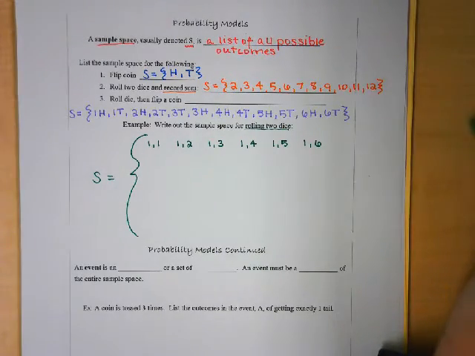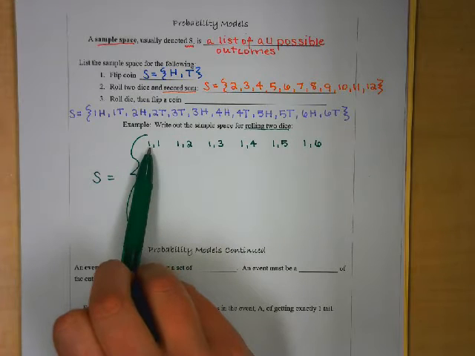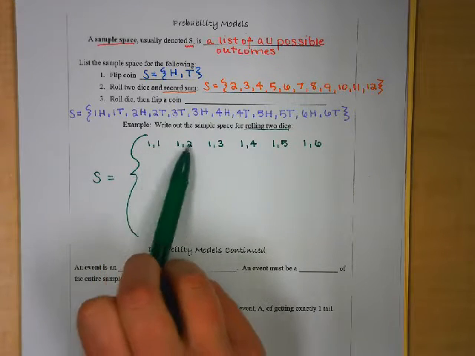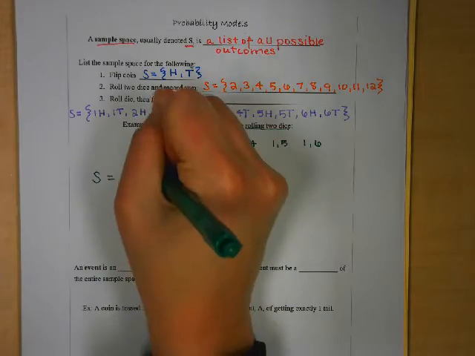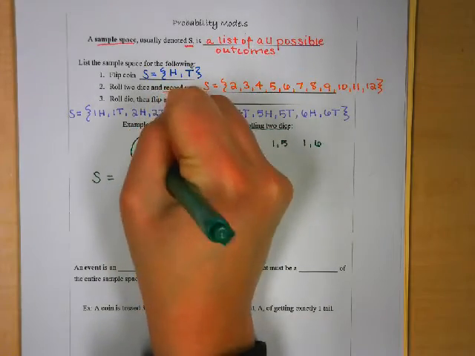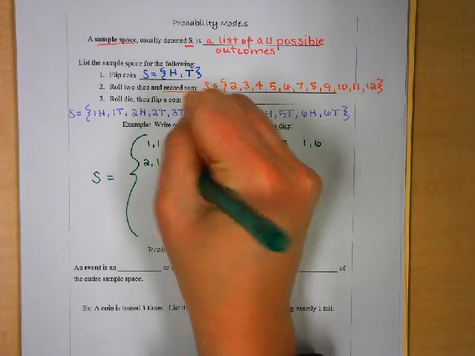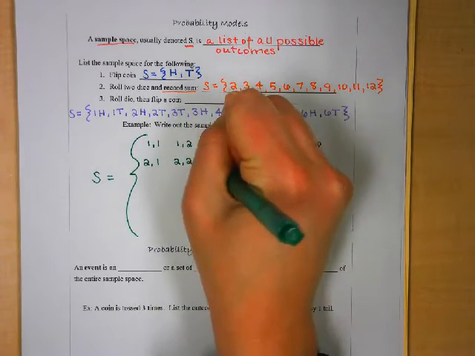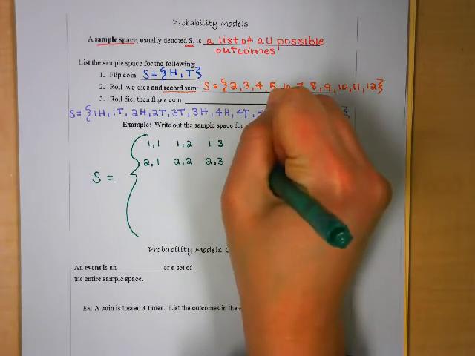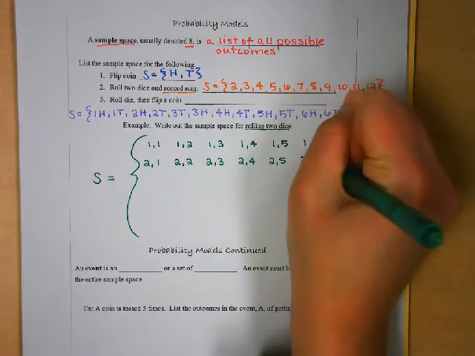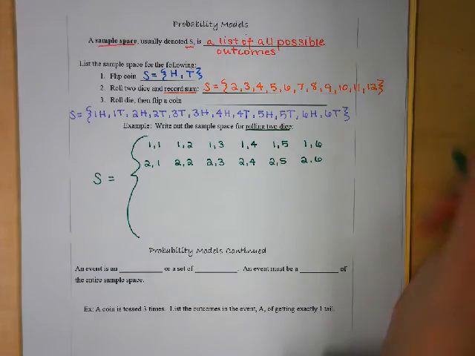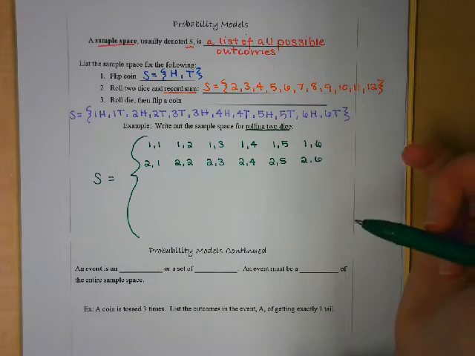That would be all the possible ways that I could roll a 1 on the first dice, and then all the different possibilities of the other options on the second dice. I could get a 2 on the first, and a 1 on my second, 2 with a 2, a 2 with a 3, a 2 with a 4, 2 with a 5, 2 with a 6, and that would be all the possible ways if my first dice was a 2.